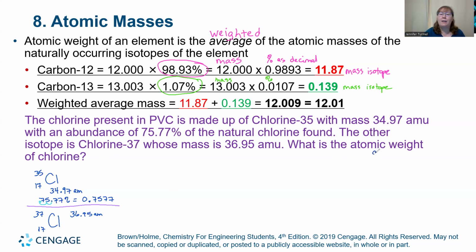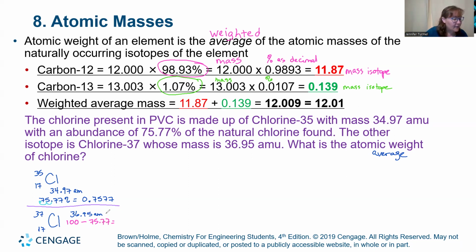We want to know the atomic weight of chlorine, and this is your average atomic weight of chlorine. They did not give us a percentage, and that's because all mass percents have to add to 100. You can actually see that on your notes template in there. So in order to find the percent here, I'm going to say 100 minus the percent that we had before, 75.77.